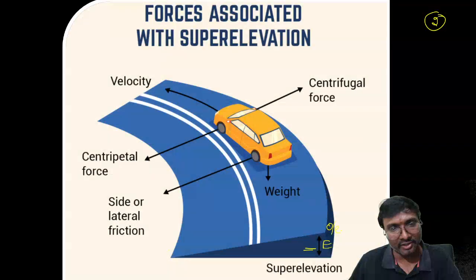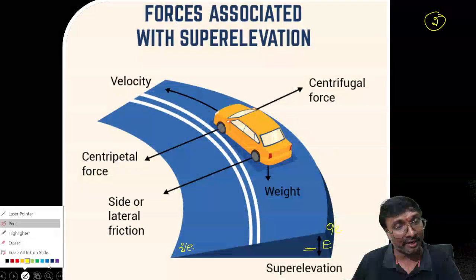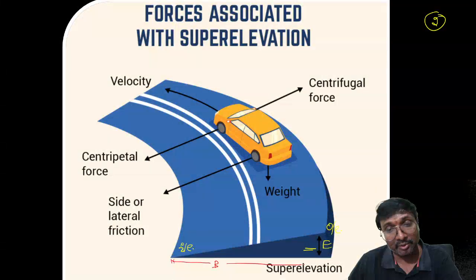That level difference is given with the symbol capital E. And the width of this pavement is given with the symbol capital B, or W, any symbol you can give.